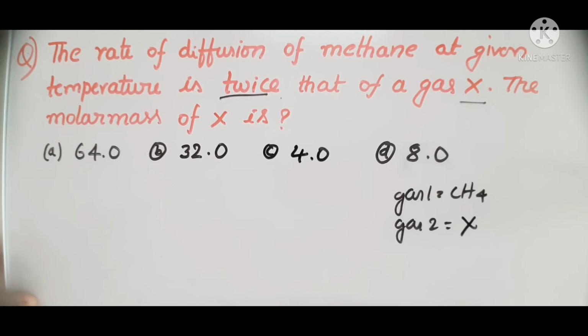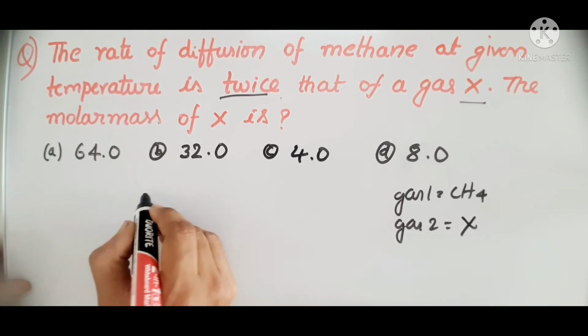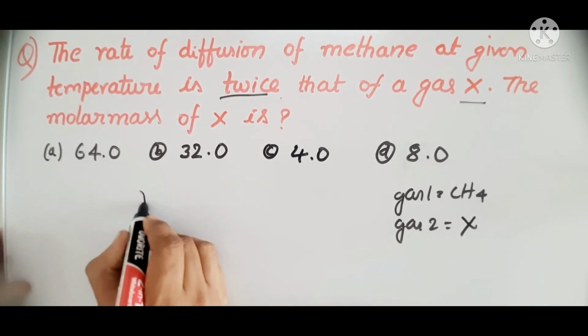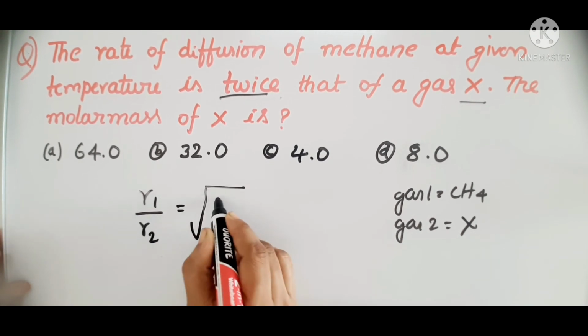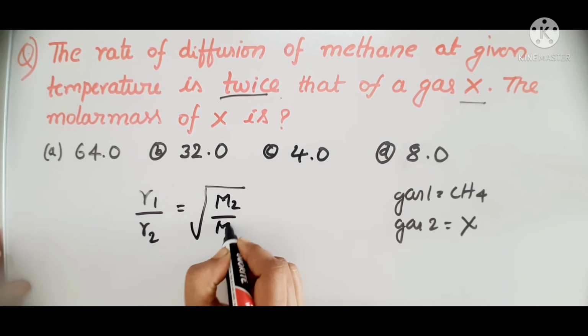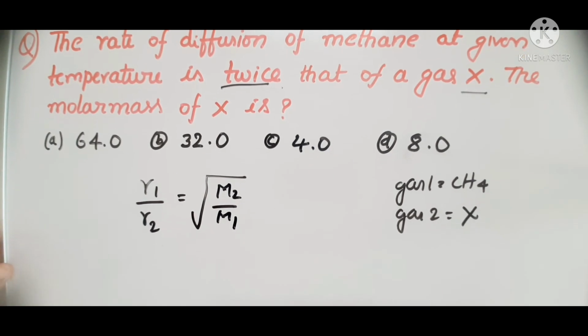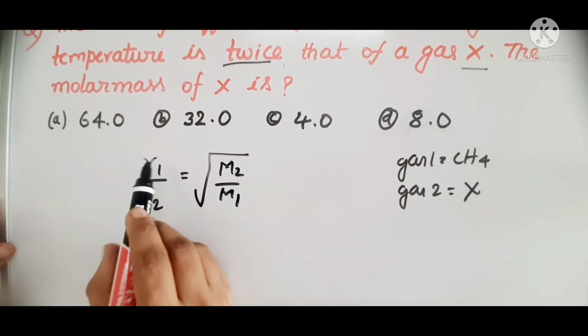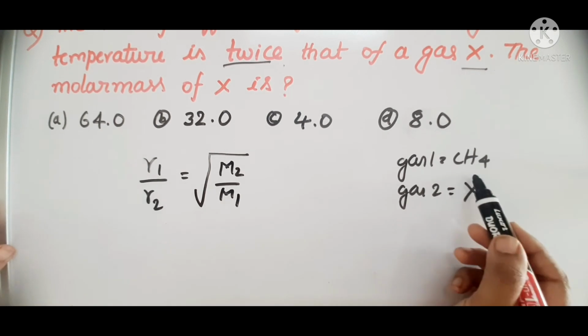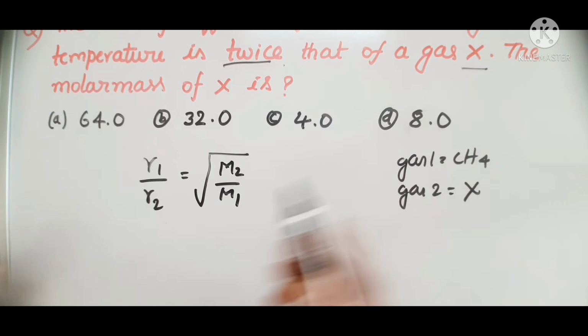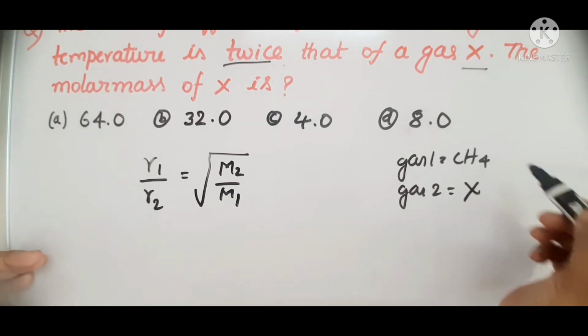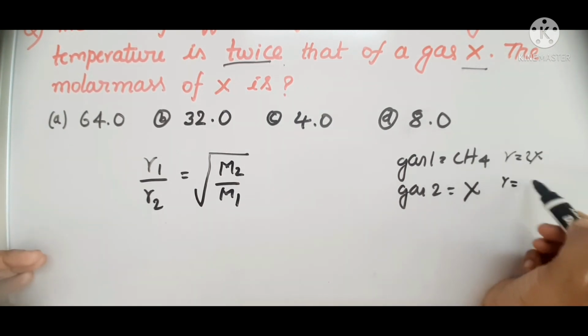So what is the relation we have between all these parameters? The rate of diffusion of methane, R1 by R2 equal to square root of M2 by M1, right? The rate of diffusion of gas 1, CH4, is twice that of gas X, so you can write R equal to 2x and R equal to x here.